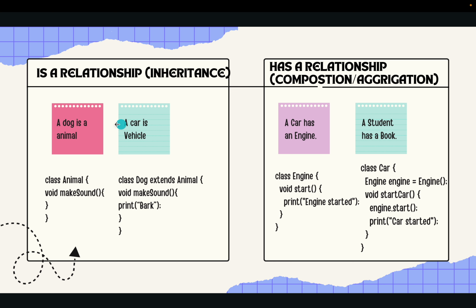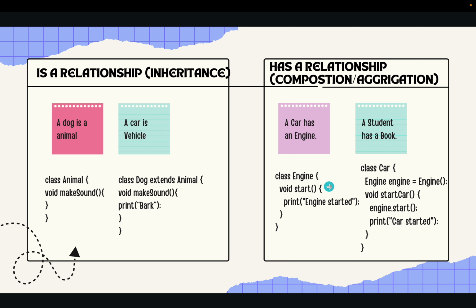But if we take an example of the is-a relationship, we can't remove the animal from the dog. So this is the difference between the is-a relationship and the has-a relationship. As you understand, in the is-a relationship we are using inheritance, and in the has-a relationship we are using injection.